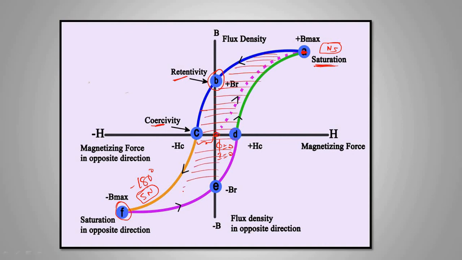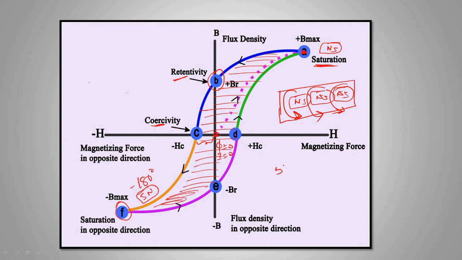So like that, this hysteresis loop will be created, because of the movement of the magnetic dipoles inside the magnetic material. At positive Bmax, these are the magnetic dipoles. At negative Bmax, these magnetic dipoles have to orient 180 degrees, like this. For positive Bmax, they have to rotate 180 degrees again.